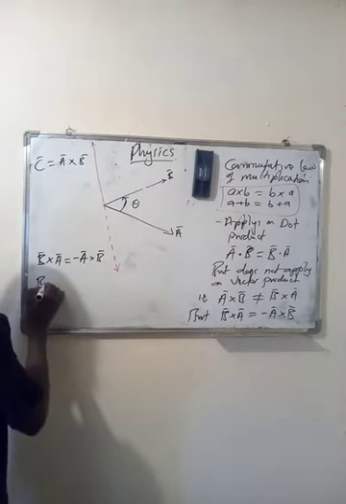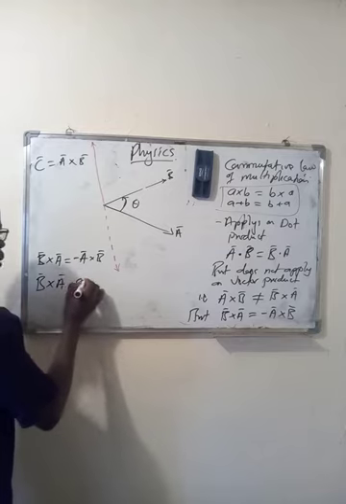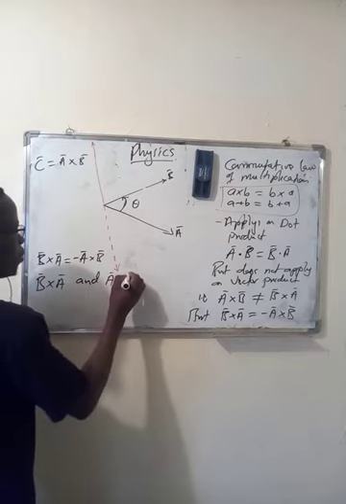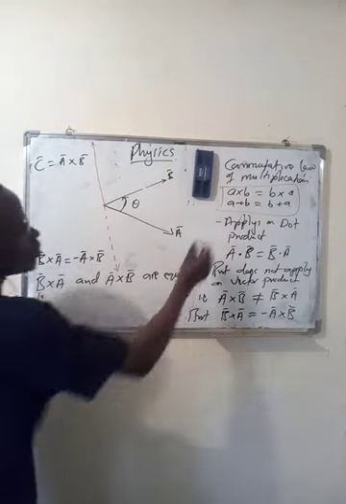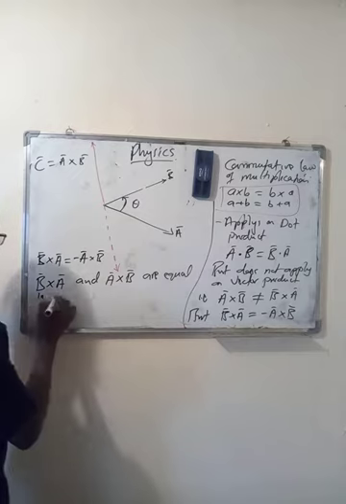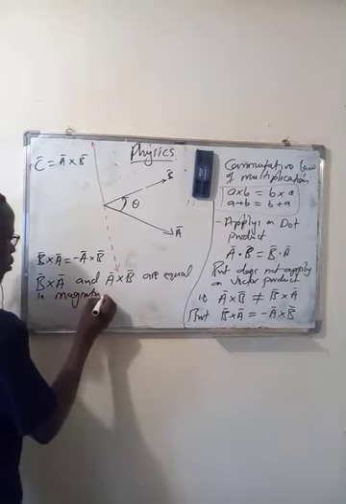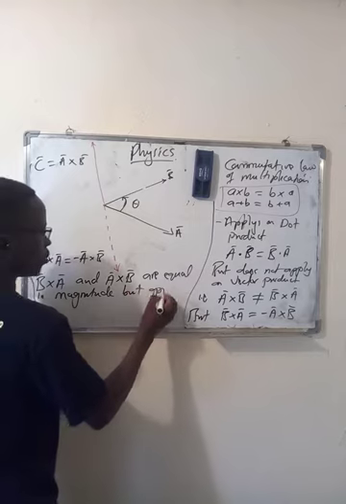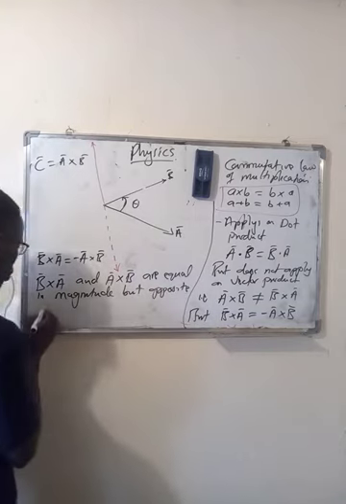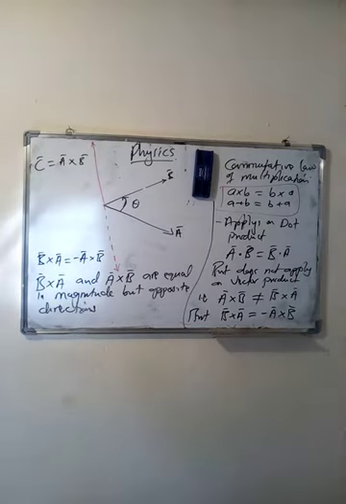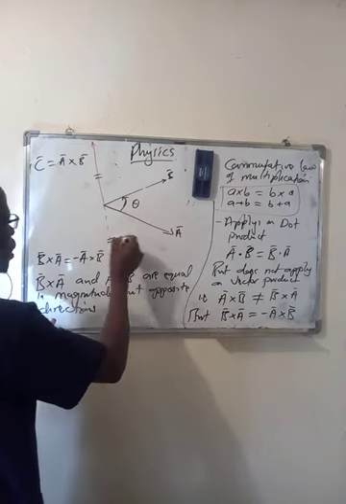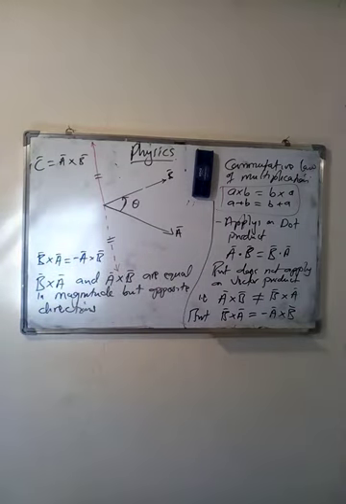We say that B multiplied by A and A multiplied by B are equal in magnitude, but opposite in directions. They have equal magnitude, but opposite directions.